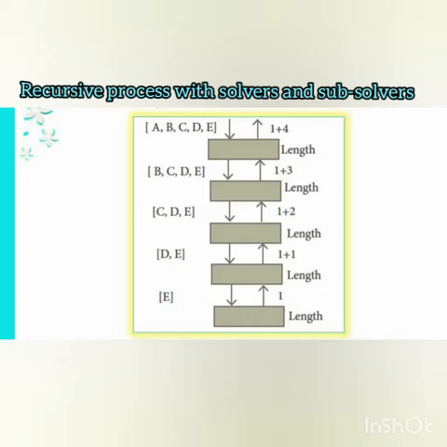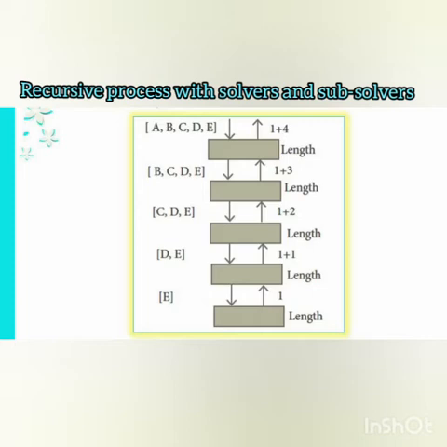Now, let's see that. Here we have 5 solvers, that is A, B, C, D and E. Each solver reduces the size of the input by 1 and passes it on to a subsolver, resulting in 5 solvers. Here, the A person receives how many persons are standing in the queue.